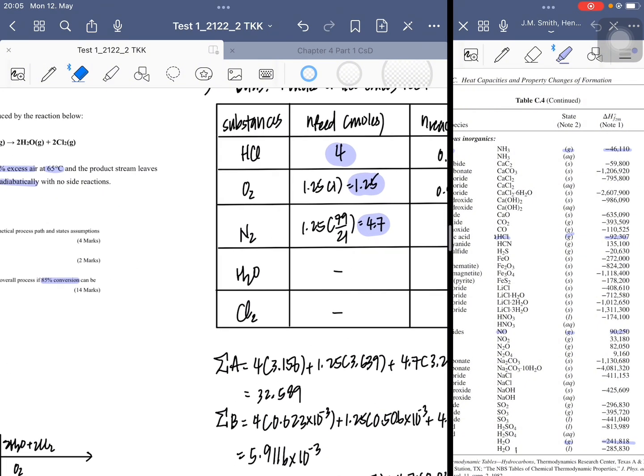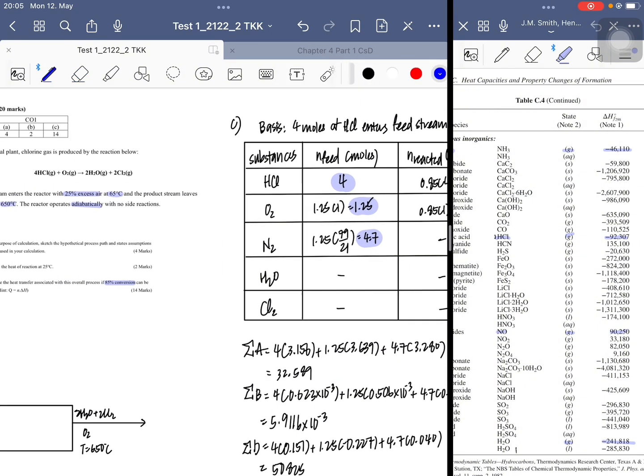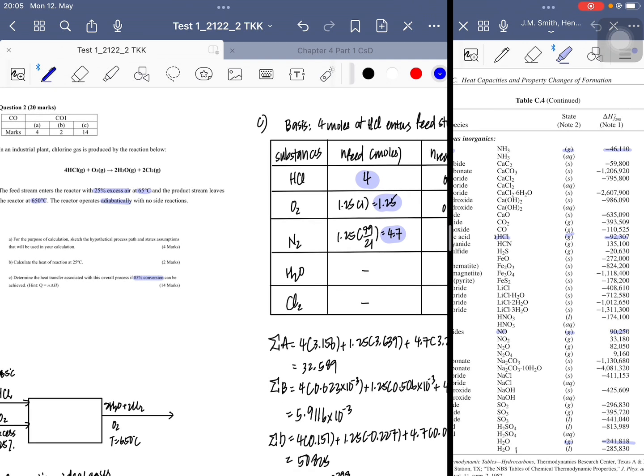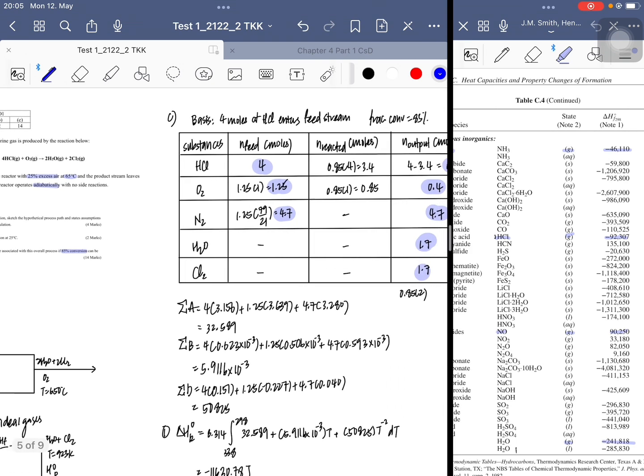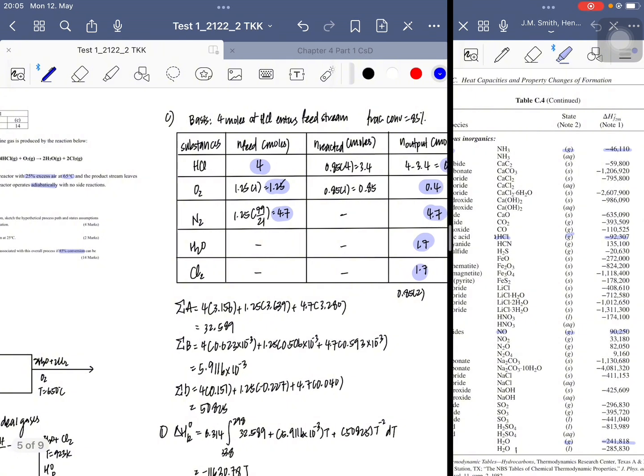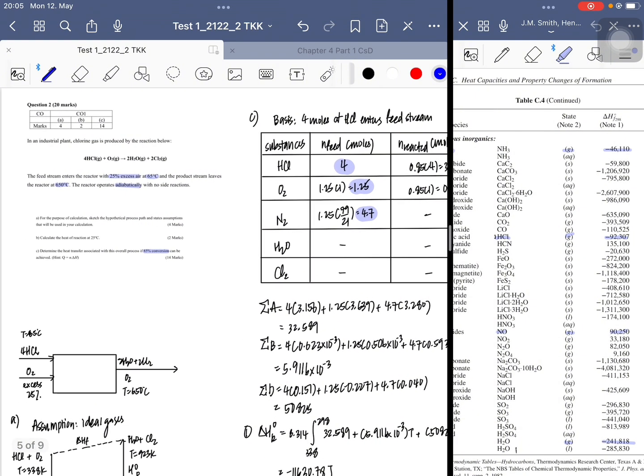Why I times 1.25 instead of 1 is because they said excess air. In air, we know that there's N2 and there's O2. So it's not only O2 that is in excess, N2 is also in excess. So I have to times 79 over 21 times 1.25 instead of only 1. So I get 44.7 moles of N2 at feed.